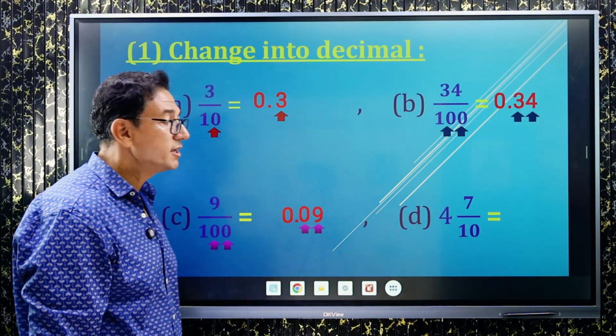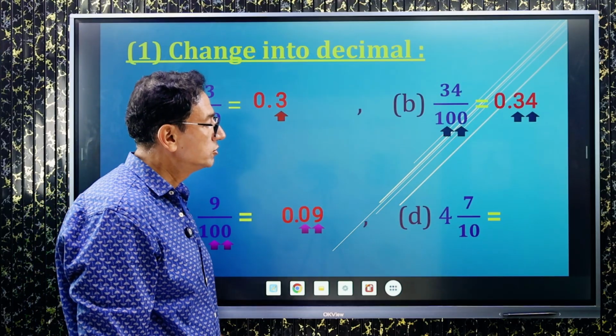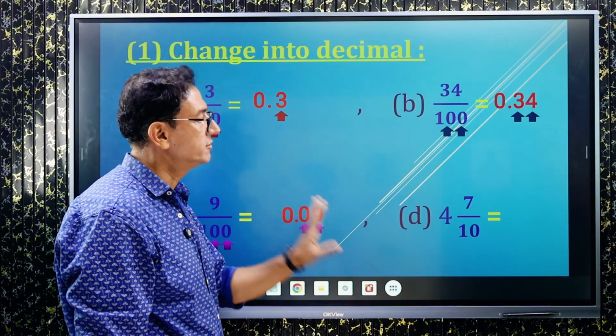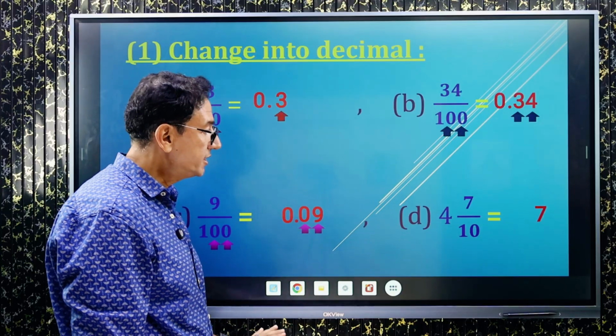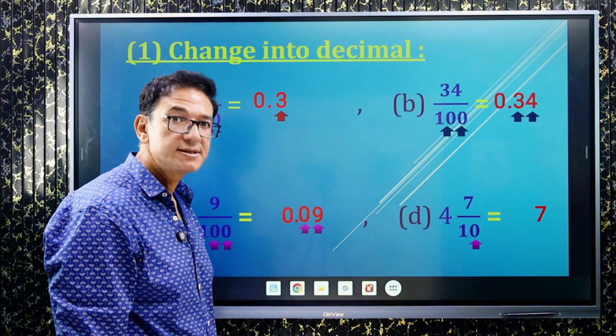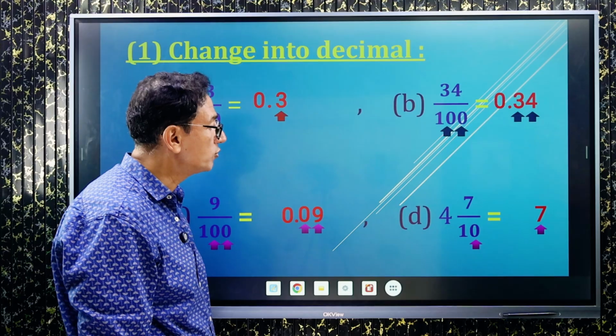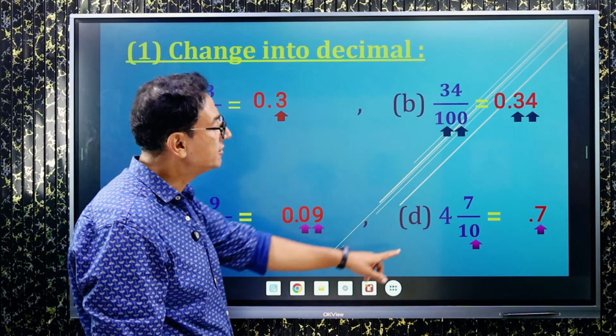D, 4 and 7 tenths. So first we will drop 7 as we have. Don't look at 4. We will drop 7 as we have, and then we will count 1 digit because we have 1 zero, putting the decimal point, and then we have here 4.